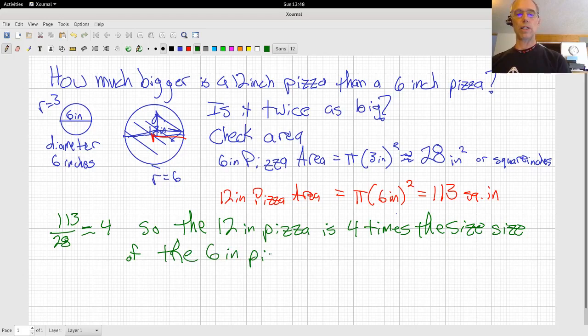So that's my claim. I'm just going to double check that that's correct. So I'm going to draw this in a slightly different way. It'd be easier if these pizzas were square instead of round, and there are some places that do rectangular pizzas. I'm not sure I've actually ever seen a square one, but let's go even smaller.